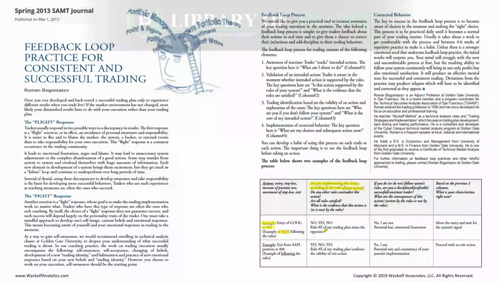So in the example where we are not following the rules, we're going to say we are not implementing this action by the rules. Yes, there are some other rules that contradict this action. And no, not all of the rules are satisfied. And what is the evidence that it is not by the rule? Well, rule number X in our trading plan states the opposite.